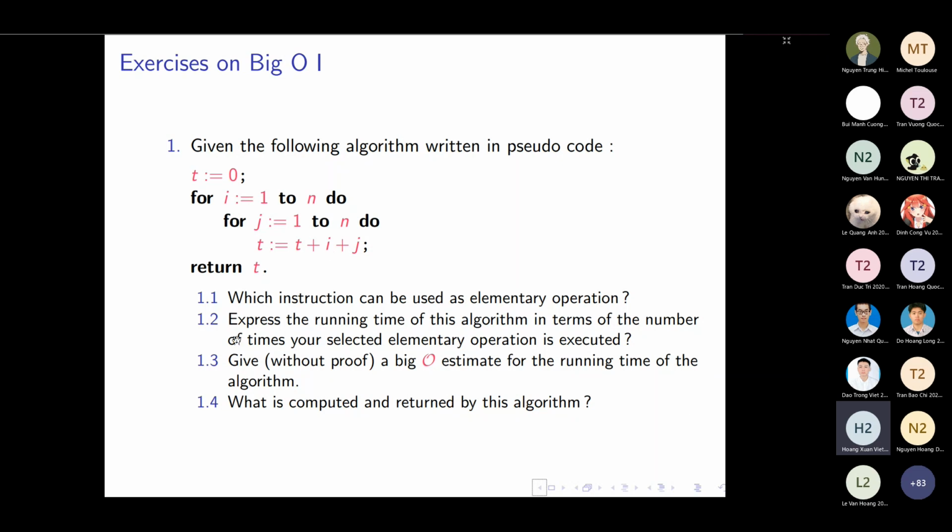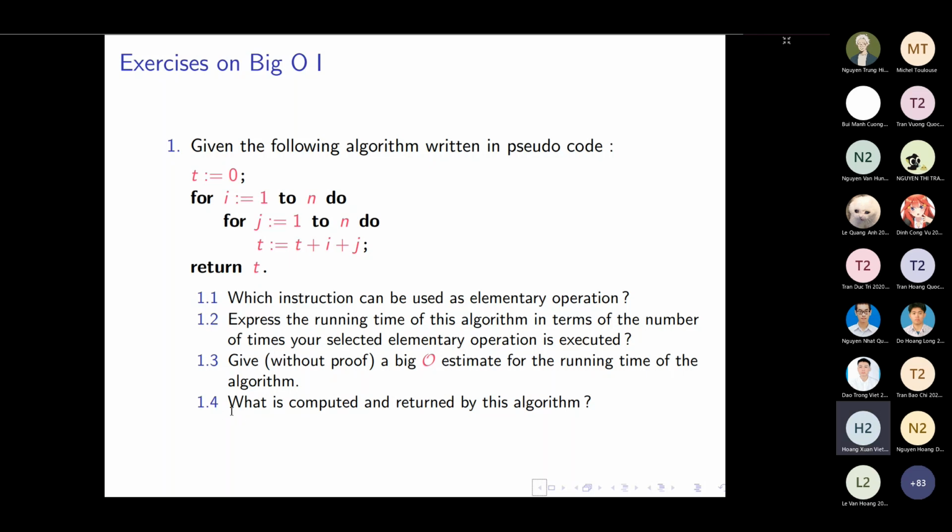That's right. So can you give me the running time of this algorithm in terms of the number of times your selected elementary operation is executed? The running time is n times n plus 1. Yes. And the big O estimate for the running time of the algorithm. Big O of n squared.